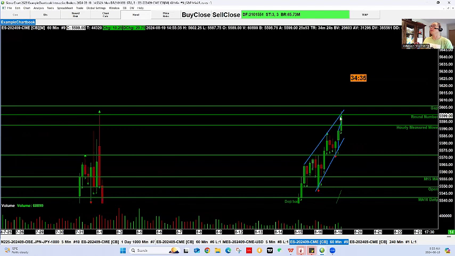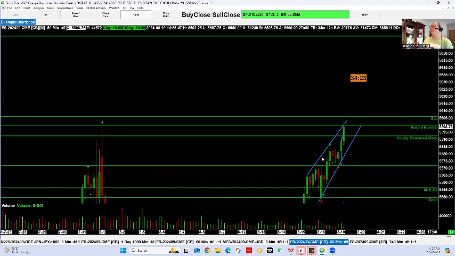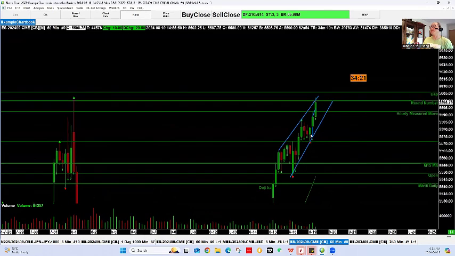Still in the channel. It can reverse back and break downside. That becomes a bear flag.